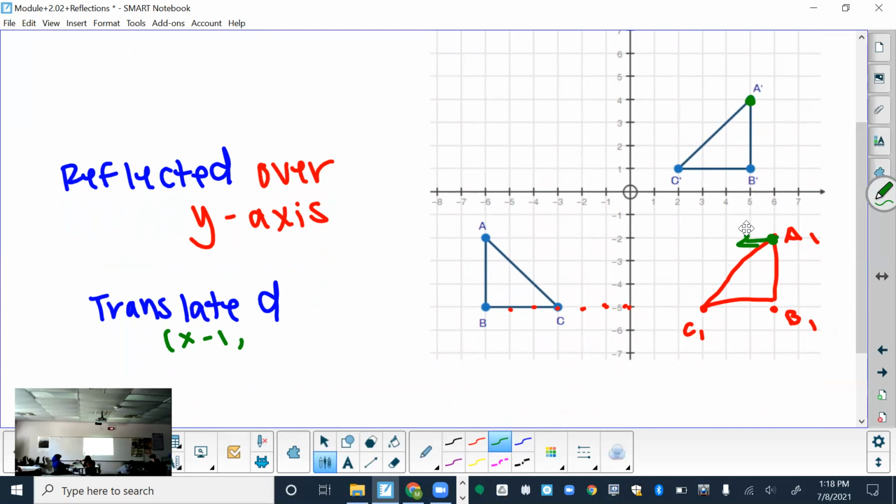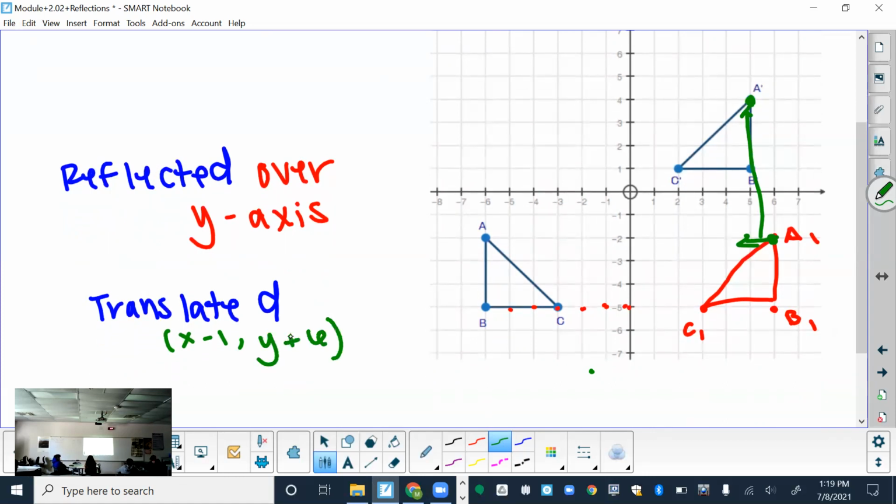And then how much upward did it move from A1 to A prime? All right, let's see. Sorry, can't draw a straight line. 1, 2, 3, 4, 5, 6. Good. And is that positive or negative movement?